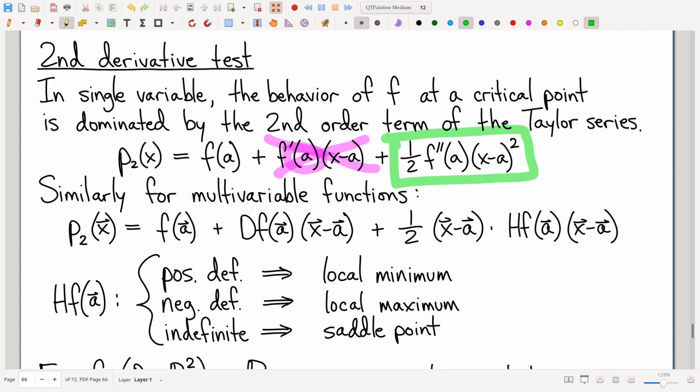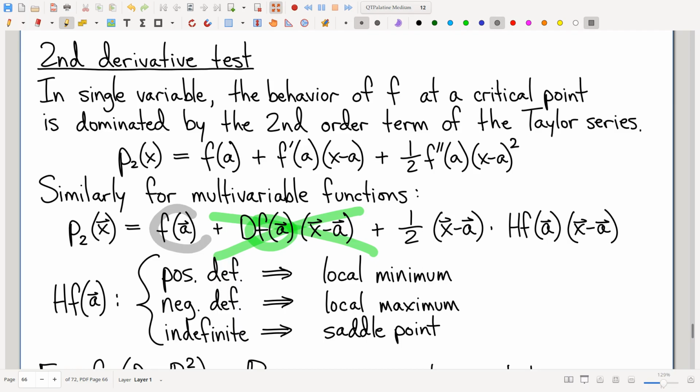Okay, same deal down here in the multivariable case. If you find a point where all of the partials are 0, and thus that derivative matrix is 0, and thus this whole term goes away, then other than this constant, everything is going to be determined by what's happening, again, to the second order term. And here's where things get a little weird. This is no longer just a simple scalar product of scalar factors where you count your pluses and minuses.